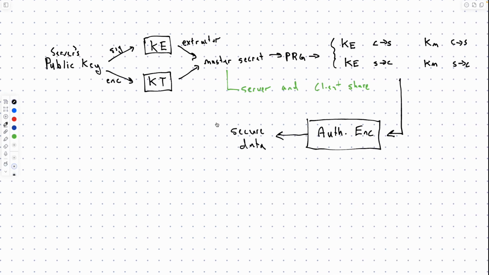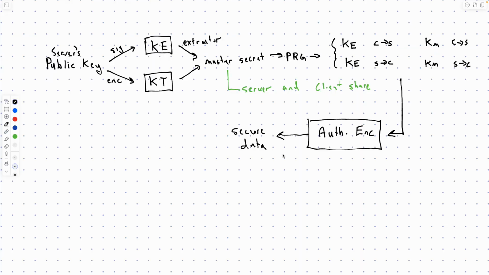Now the authenticated encryption here could look different ways. We could use what are called block ciphers, or we could use stream ciphers. I don't care about the difference between them for this course; you'll care about them in 6110.